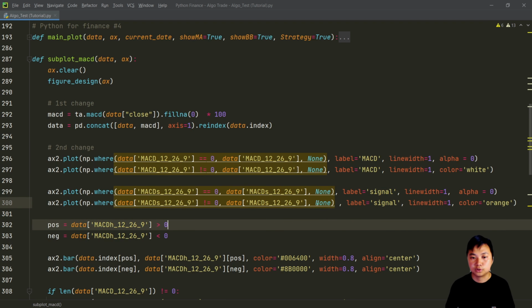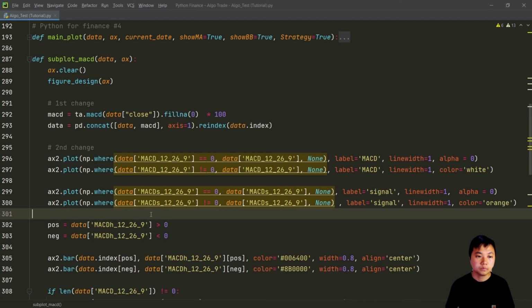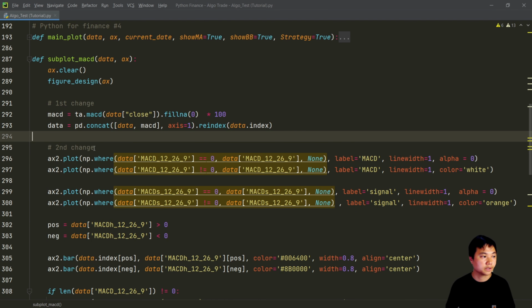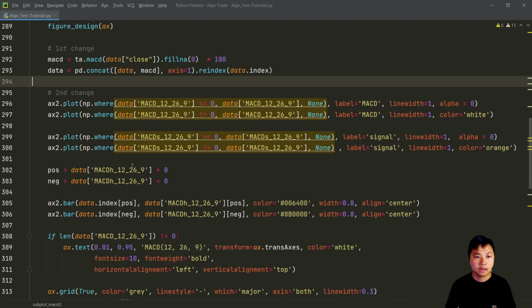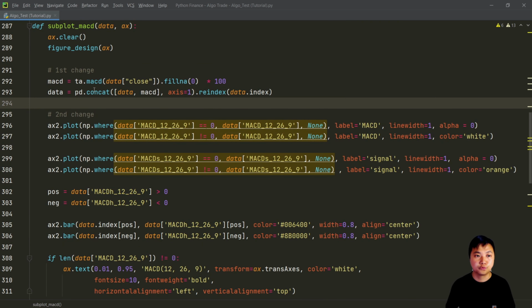If that is equal to 0, just set it to None. So just add these two lines over here. This is the second change, and that will fix the issue for the MACD subplot.